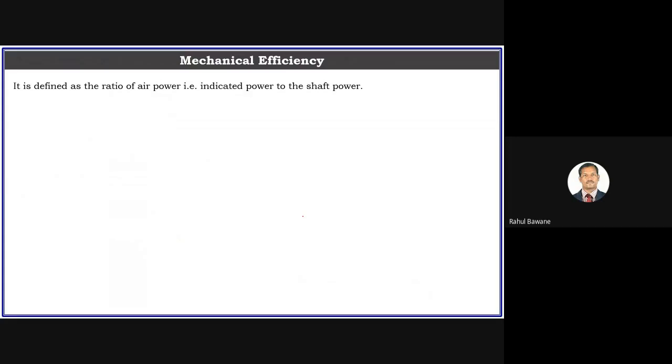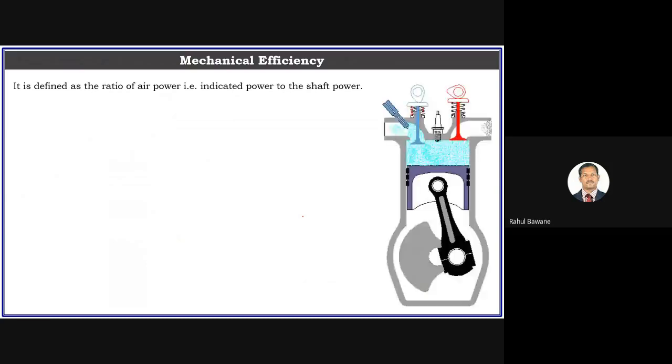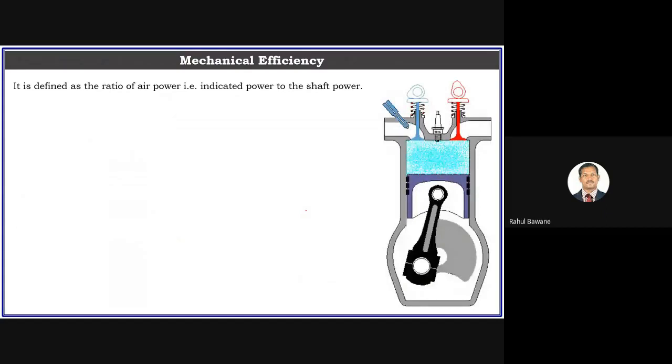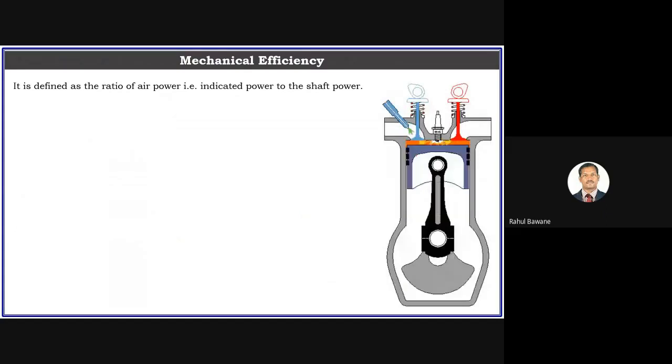Now the mechanical efficiency. The mechanical efficiency is defined as the ratio of air power, that means indicated power. As I just said, indicated power is also called air power. So mechanical efficiency is defined as the ratio of air power to the shaft power. Now here the concept is a little bit different than in an IC engine.